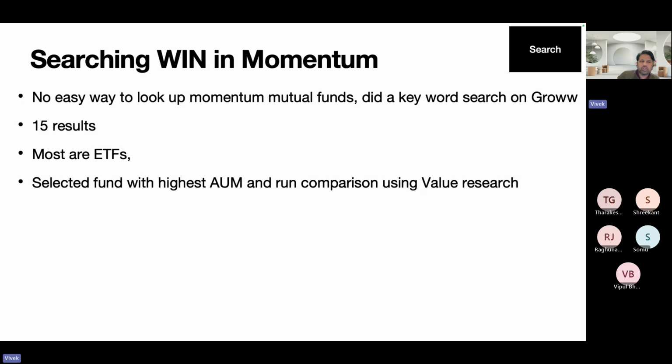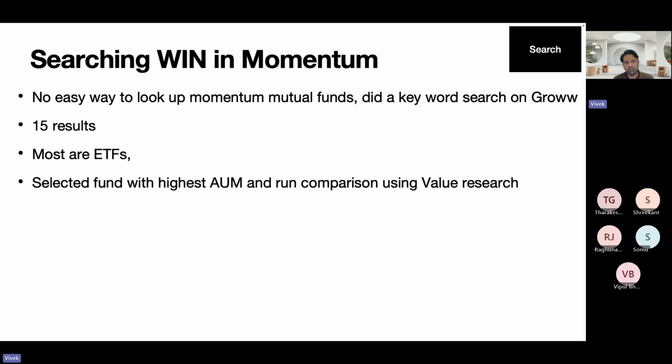But the other thing was most of these results were actually ETFs. So the NSE would have a momentum index, and then AMCs have created products which just match these indexes. So there was no active momentum mutual fund which I could really find. So what I did was I took three of the biggest funds.